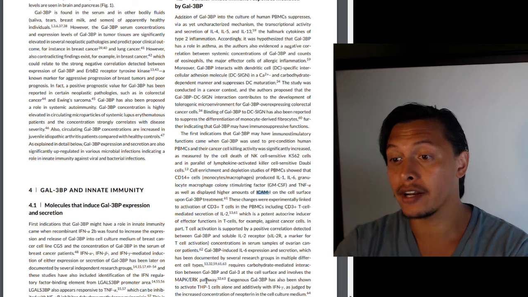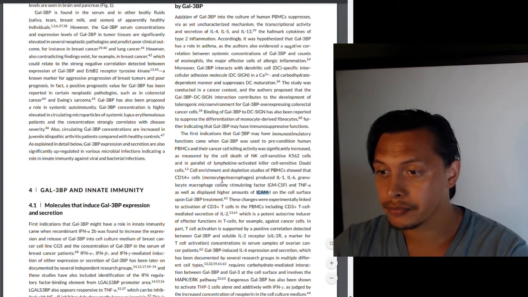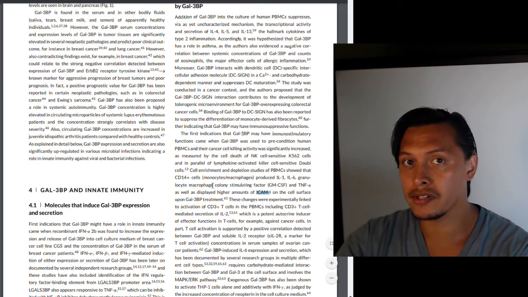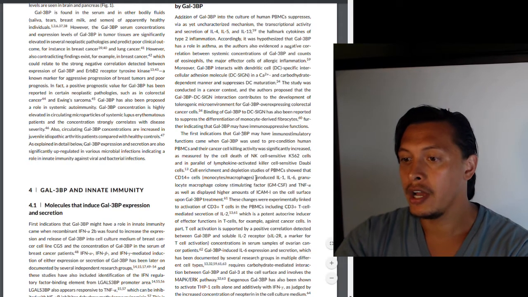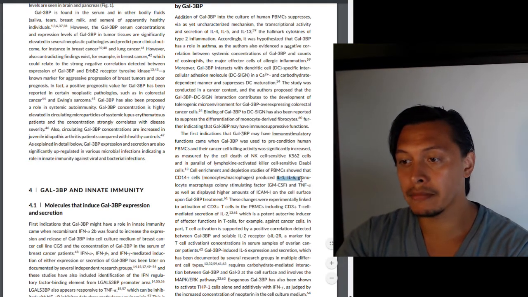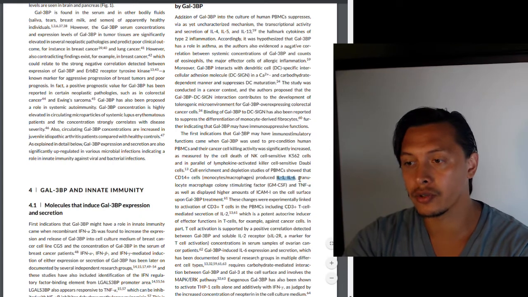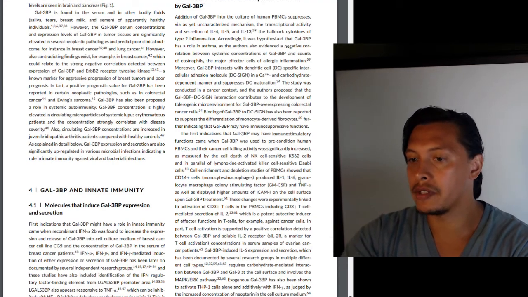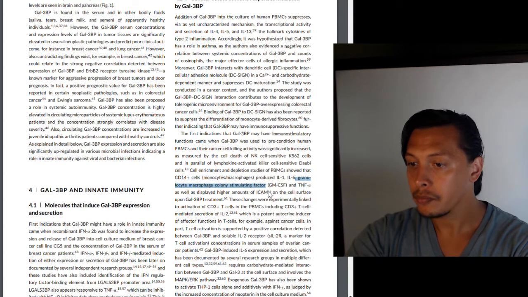So after you've added Gal3 binding protein, the monocytes and macrophages started producing these pro-inflammatory cytokines, interleukin-1 and interleukin-6, and then this granulocyte macrophage colony stimulating factor.